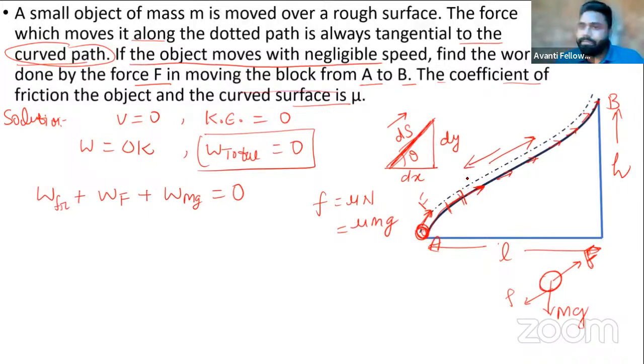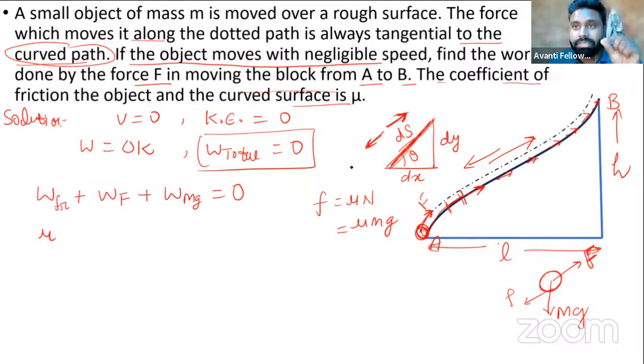The angle between them is not a 0 degree angle. It is 180 degrees because they are equal and opposite to each other. So you can say that we are finding the small work for this ds displacement, and this frictional force is always acting in the direction opposite to this ds.